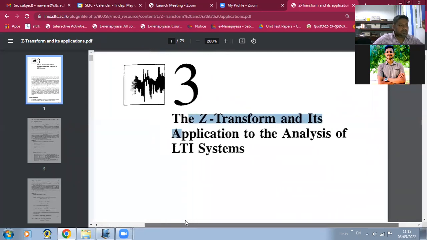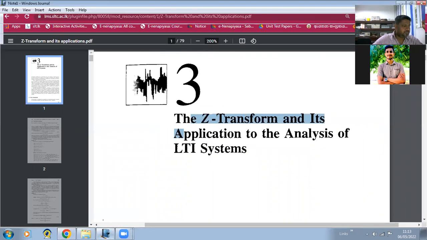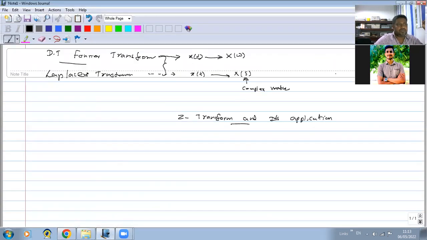Okay, so we will continue. I hope you can download the note from the LMS. So our topic is the Z transformation and its application. Actually, the Z transformation is the discrete time version of the Laplace transformation.